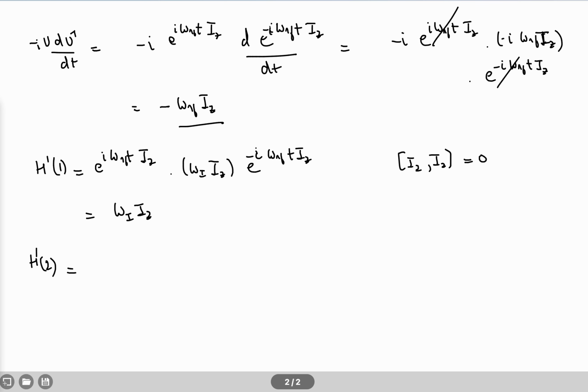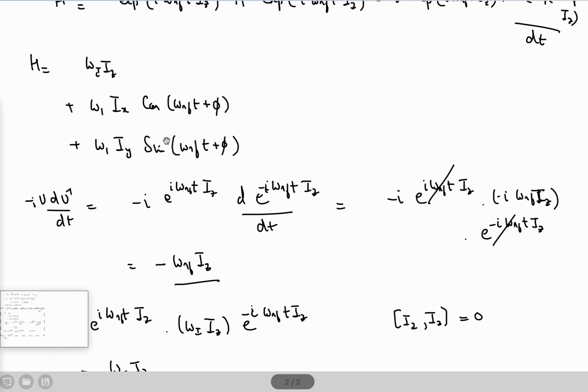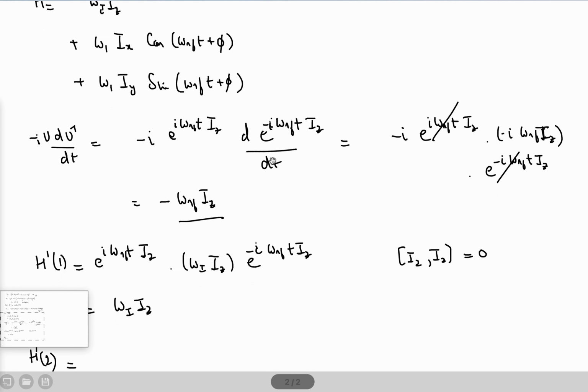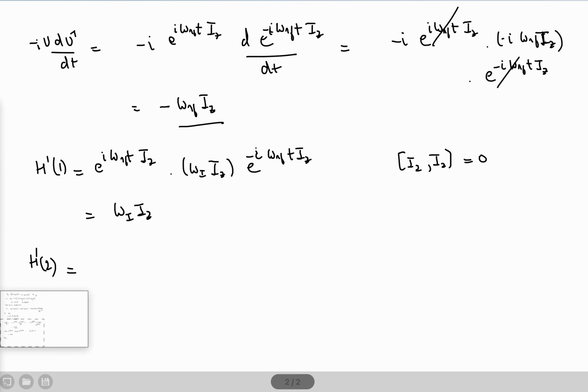Now let us calculate H prime on the second part. What is the second part? The second part was Ix cos(omega RF t plus phi). The operator part is Ix, the rest is just the frequency and the phase.